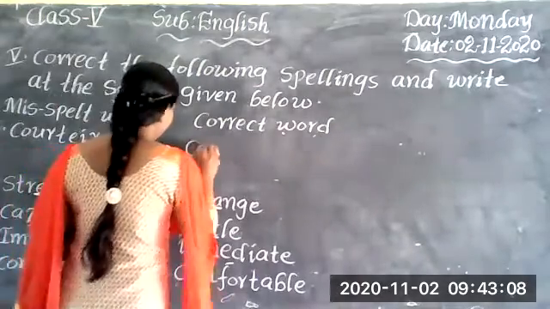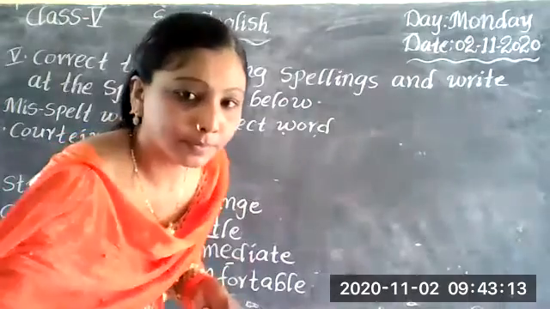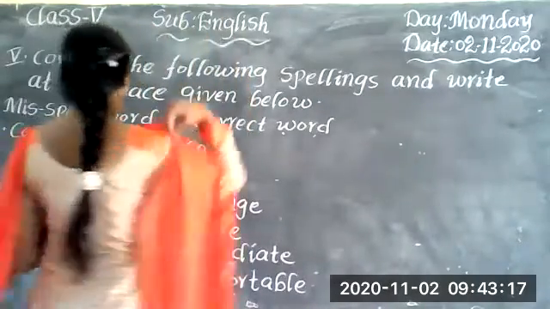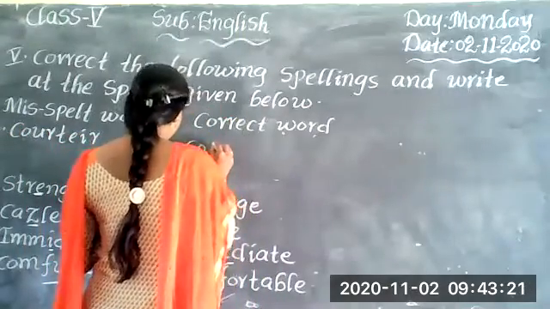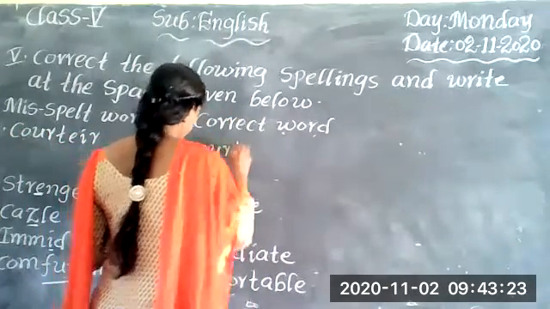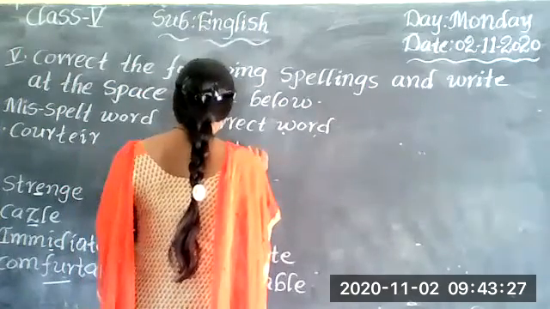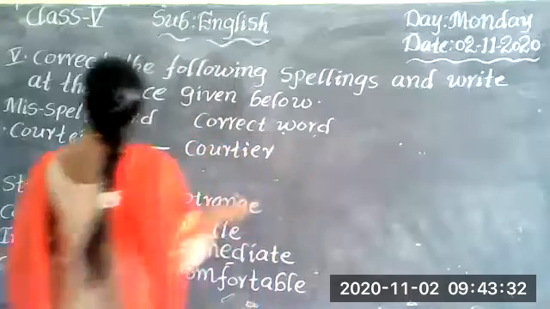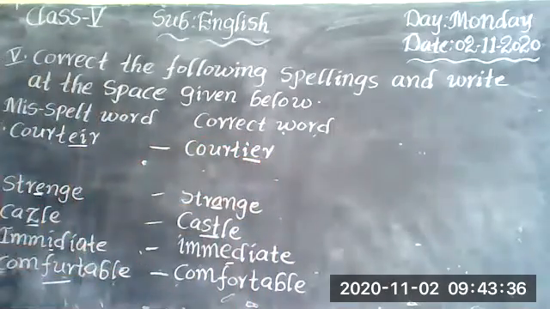CO. Very good. COUR, CIER. So what have we written? E. This is changed here. IE. Okay. That's all.